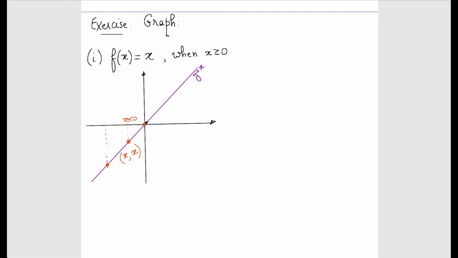Why? Because this point has coordinates 0, 0. And pay attention to the first coordinate. It's the x coordinate. It's 0, right? And 0 is greater than or equal to 0. So this point makes this condition valid. As such, I'm going to keep it. Okay? And any point after that is going to also be kept because such a point has a positive input.